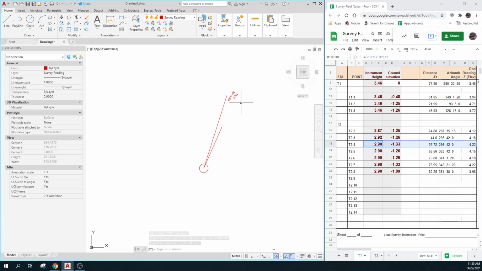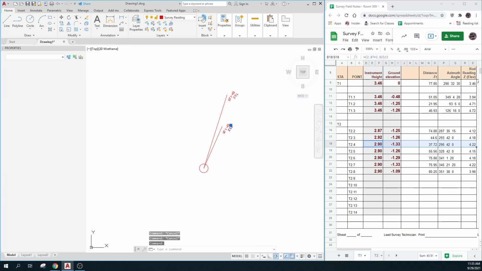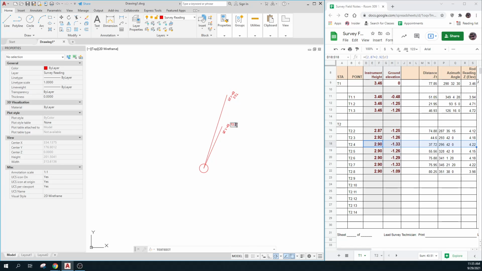And that one becomes T2.3, right? And it's a minus 1.26.